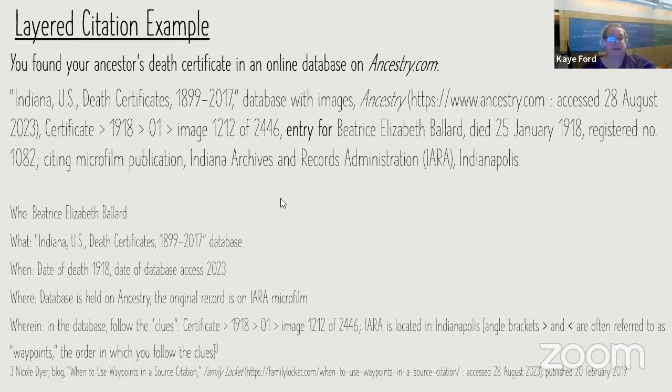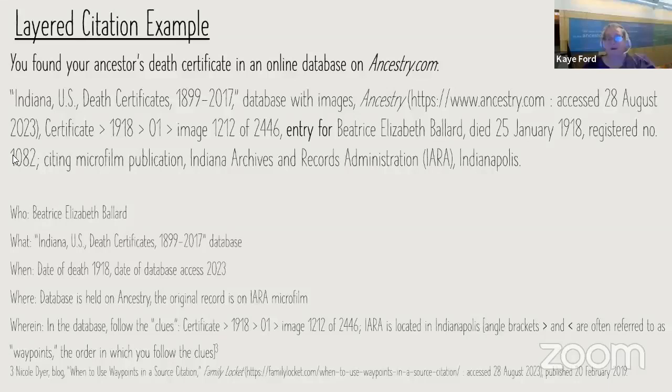They should be able to take this information and find what they need online. They could always contact the Indiana Archives and request the Indiana US death certificates, because it's the same database, the year 1918, 01, and look for Ballard, the date, the register number.